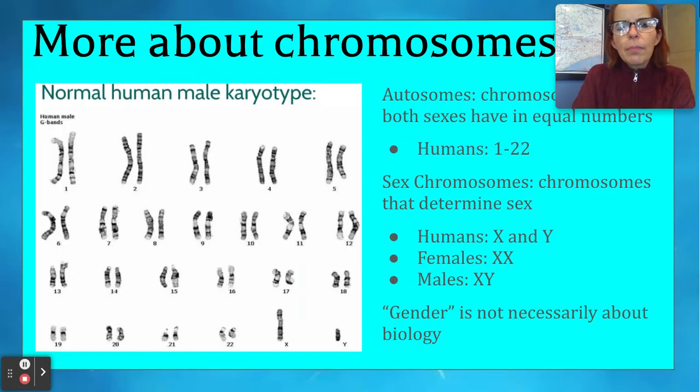Okay, so some more about chromosomes. Sex chromosomes are the X and the Y, but all the other chromosomes are called autosomes, and that's definitely a word you need to know. It seems like, why do I need to know a different word for chromosome?